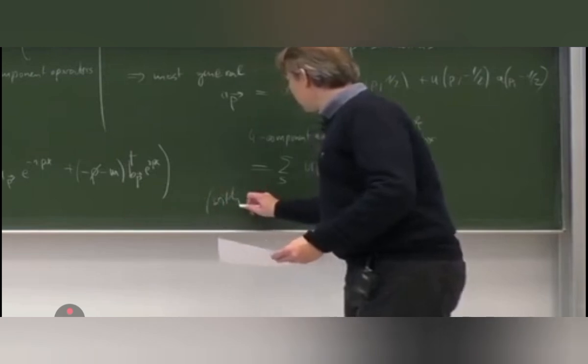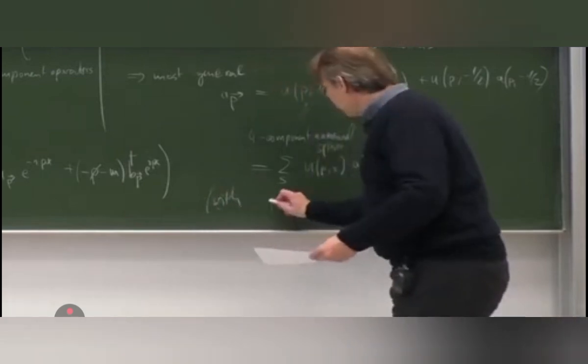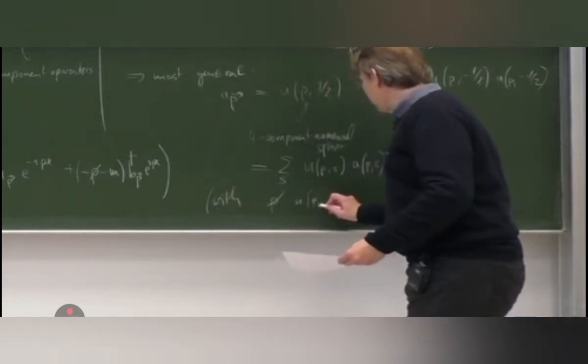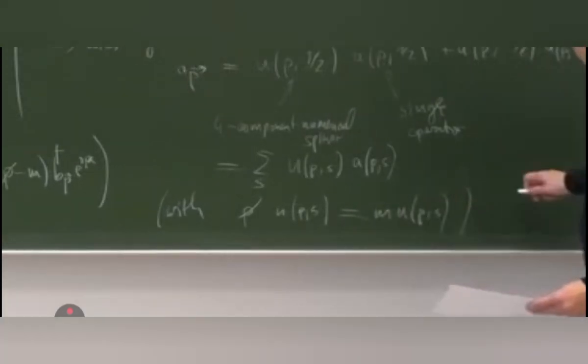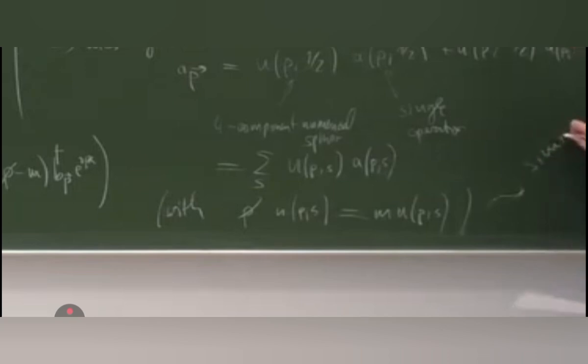Let's summarize again: p-slash acting on this u of p, s gave m times u of p, s. And let me just say here on this blackboard, we do the same similarly for b dagger.